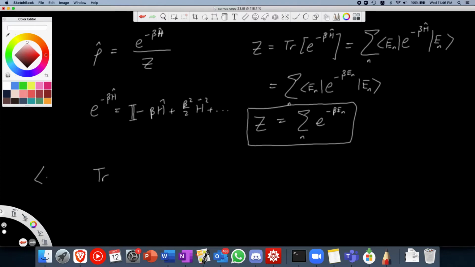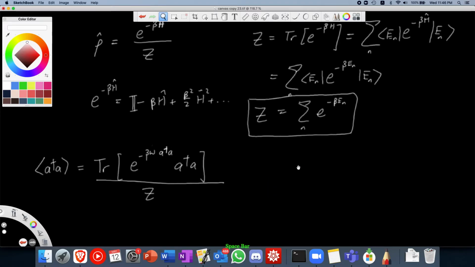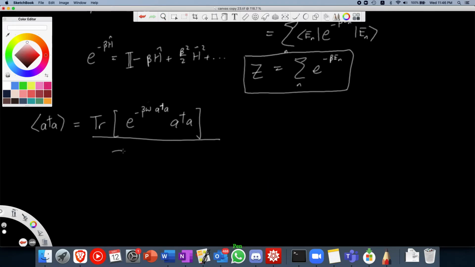So the statistical average of A dagger A is equal to the trace of rho, which is e to the minus beta H, where H is equal to omega A dagger A, with A dagger A, and this is divided by the partition function, which is the trace of e to the power minus beta omega A dagger A.